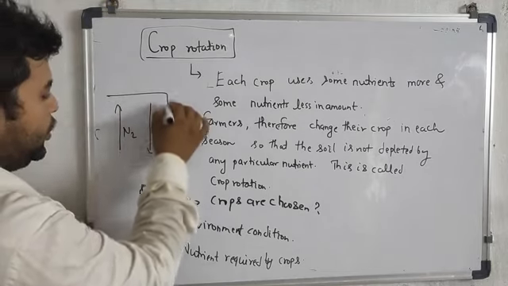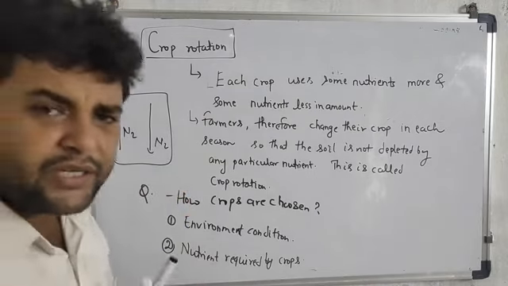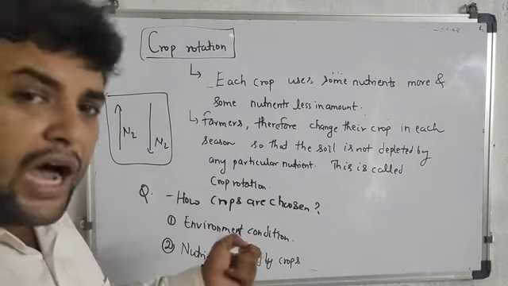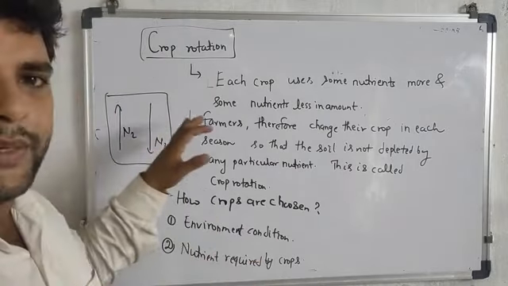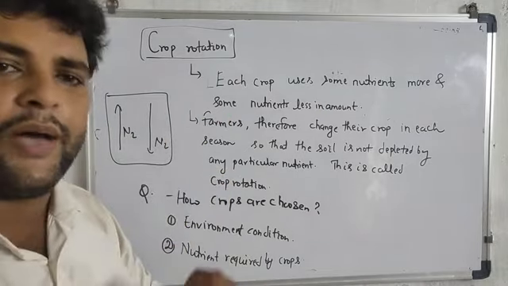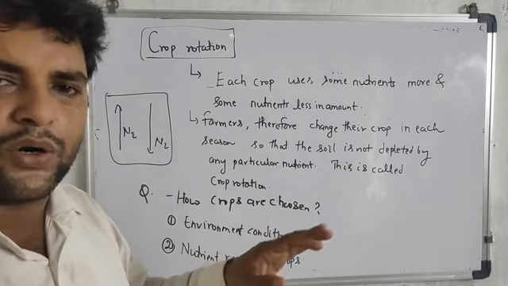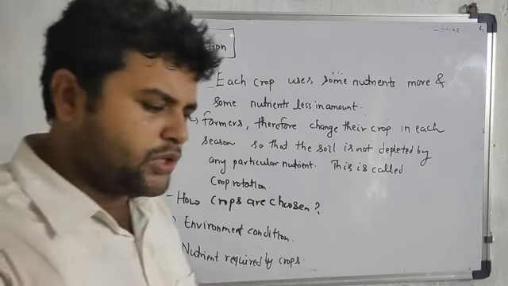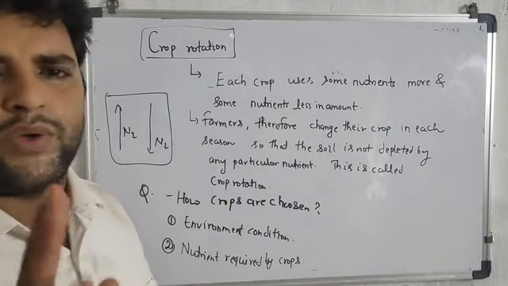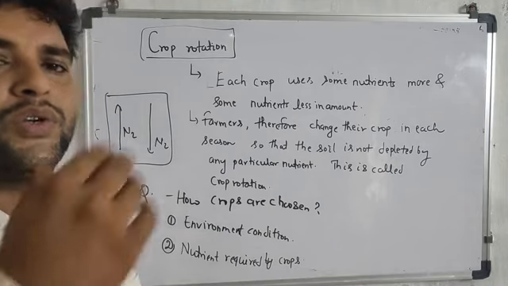So there will be no scarcity of nitrogen in this crop rotation pattern. Note it down. Whenever you are going to identify the crop rotation, you have to discuss that the nutrient requirements of the crops must be different. Suppose for paddy, one thing which we have discussed is that paddy requires lots of water, and in another season we are going to discuss mustard.